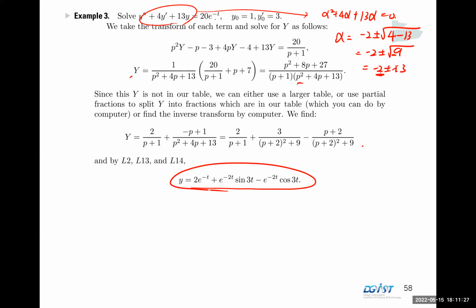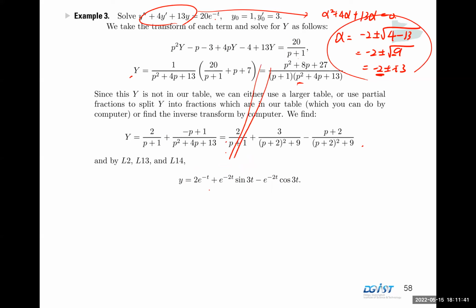So this is corresponding to here, and this one is corresponding to the 3t things. But compared to this one, if you are using the table, this is sometimes much easier.